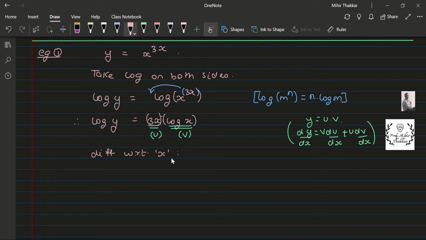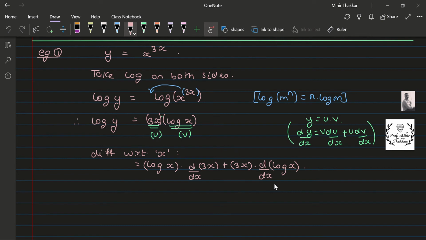So yes, I will get over here log x into derivative of 3x plus 3x into derivative of log x. Now the most important part, something new that you are studying today other than the u into v rule, which is the derivative of log y.